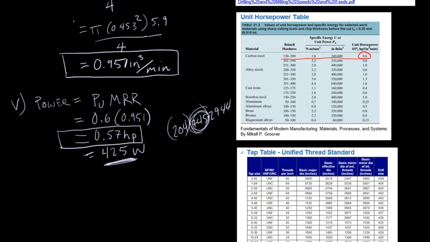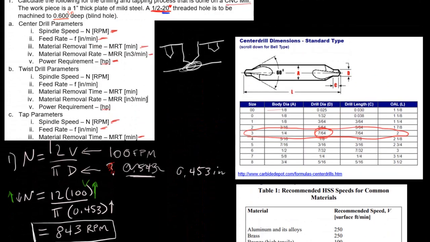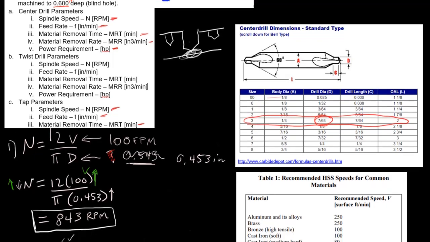Okay, so the last item that we need to do is tap the hole and determine those parameters. So this is going to be the tapping portion of the video. So we're going to figure out the spindle speed, the feed rate, and the material removal time.